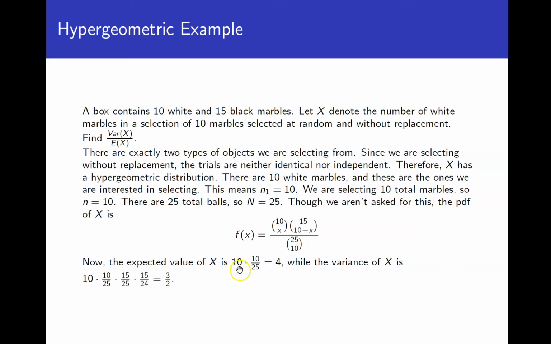The binomial expected value is the number of trials times the probability of success, which is what this looks like. The variance is the number of trials times the probability of success times the probability of failure, which is what this looks like. This without replacement part is what changes our variance, which is why we have this extra term on the end. But now we can calculate what we're actually asked for. If we divide those two numbers, we get 3/8.